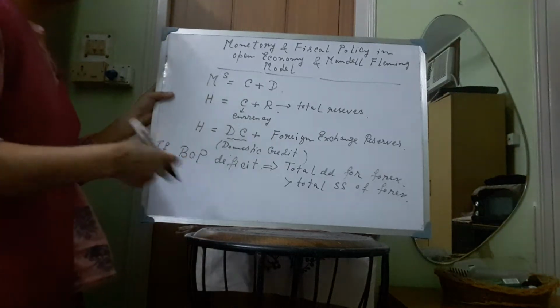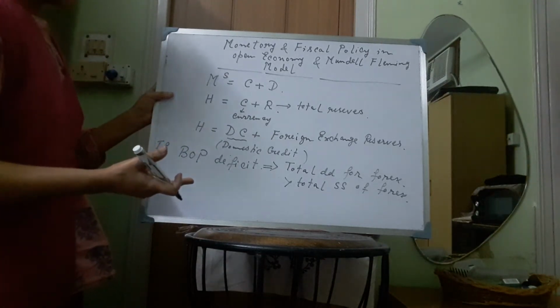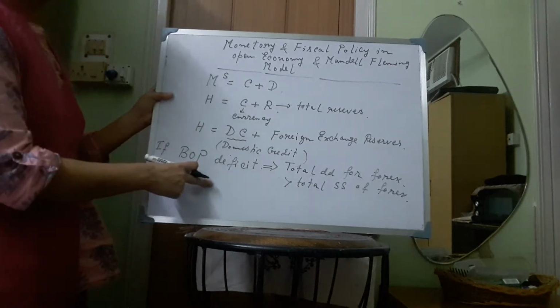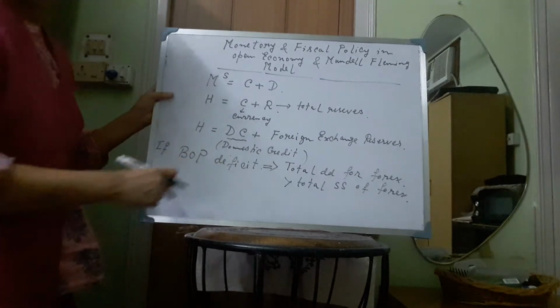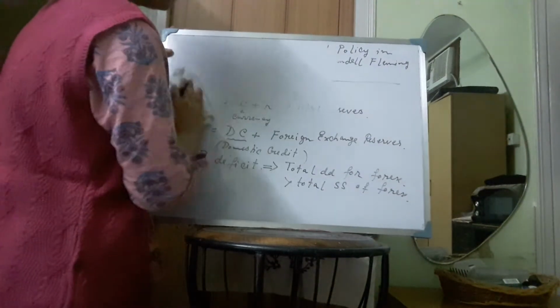So traders, they want to import, and for that they need foreign exchange, but there is a deficit in the economy, so they cannot import with the existing amount of the foreign exchange. So there is a deficit in foreign exchange in the economy.